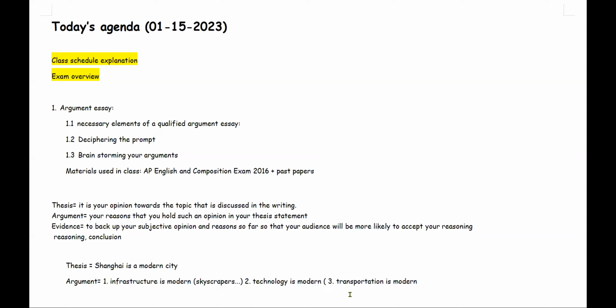Okay, but be careful though. Are those the technology that invented by Shanghai city? No. Okay, so you want to prove Shanghai is a modern city, you say the technology is modern. So you probably want to talk about the technology either invented or adopted by Shanghai. And you talk about smartphone, that's the citizens, right? It's not Shanghai though.